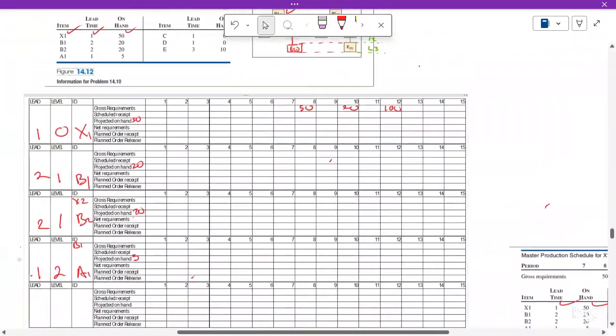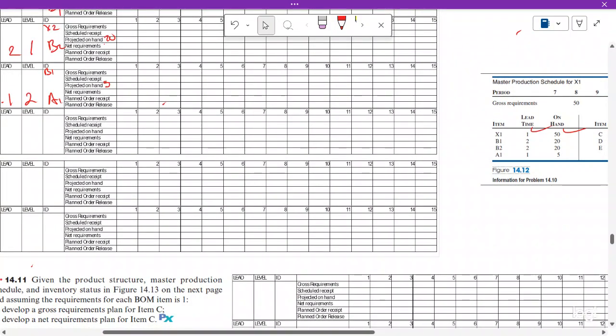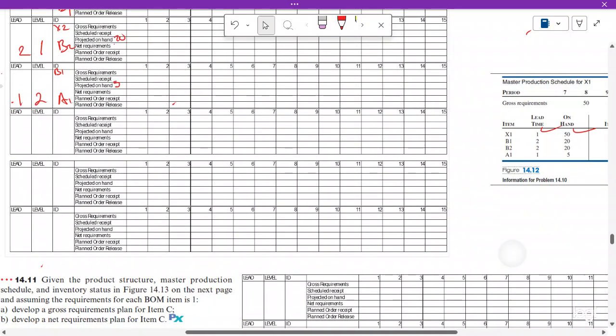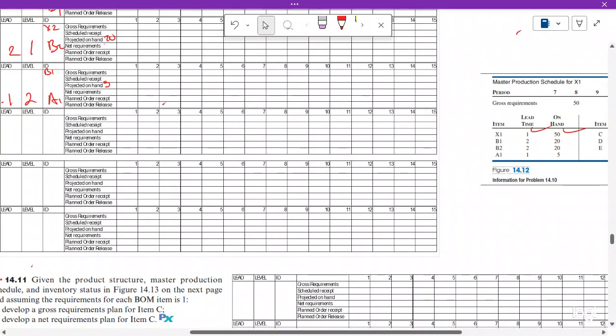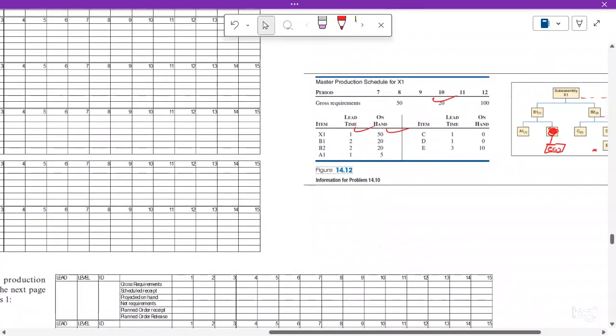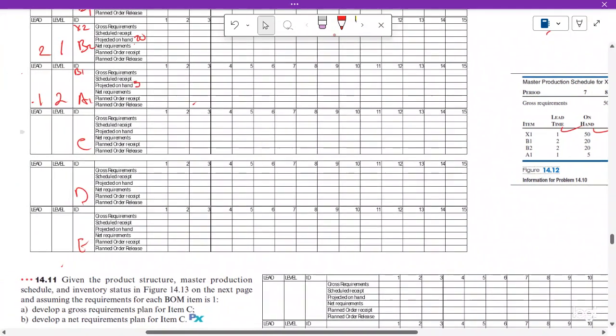We do also have them on the side: C, D, and E. For C, we must check the diagram: from B2, and D from B2.